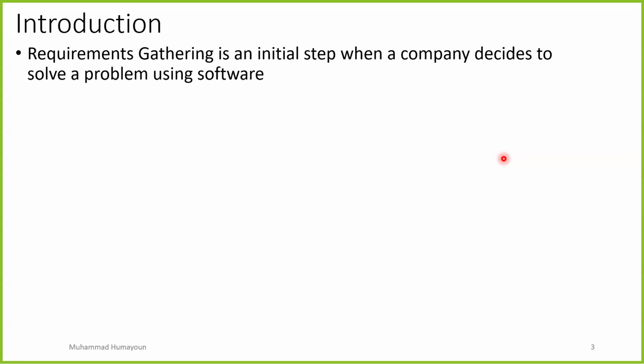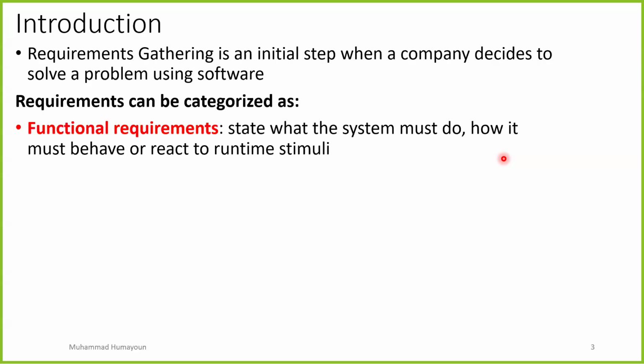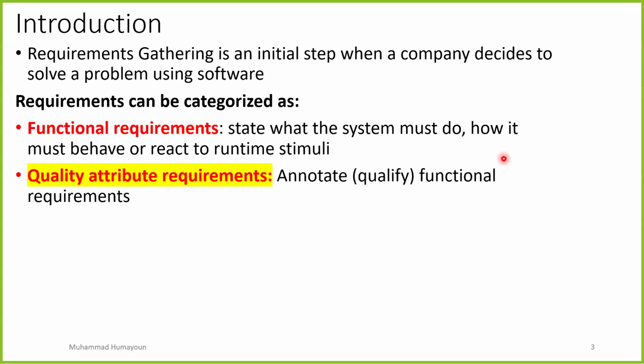Of course, that is a starting point for a company for software development. You work on requirements gathering. And requirements can be categorized into functional requirements, how your system will work. It's all about the main functionality of the system, but it should also have some quality attribute requirements.